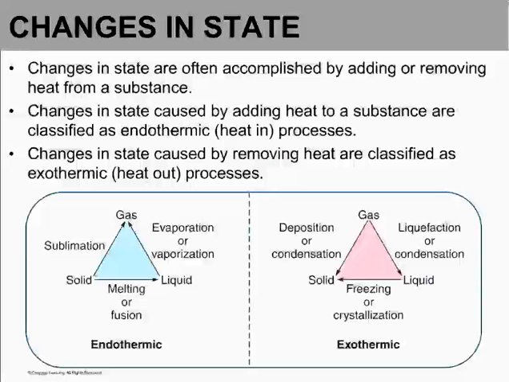So changes in state are often accomplished by adding or removing heat from a substance. So, for instance, maybe you're boiling water to make some tea, or you're boiling water to make pasta. When you're boiling your water, you can probably tell that it's coming off as steam. So the water itself is going from a liquid to a gas because we're putting in heat.